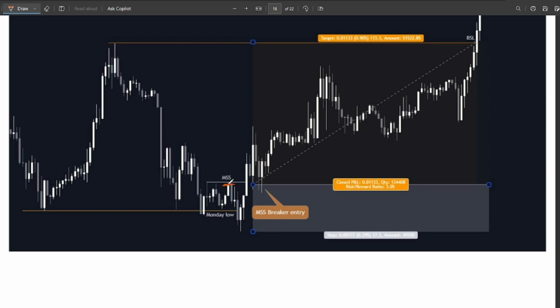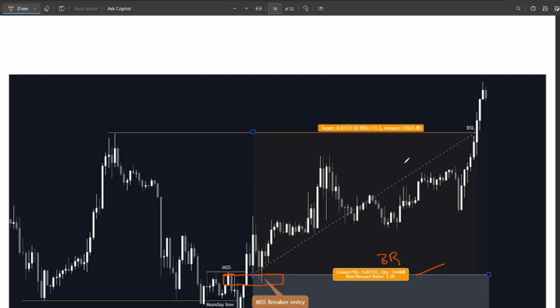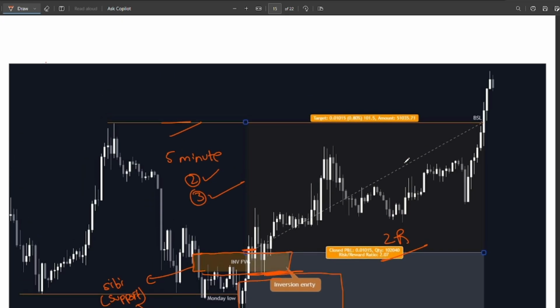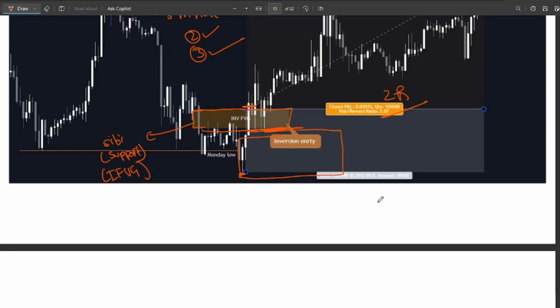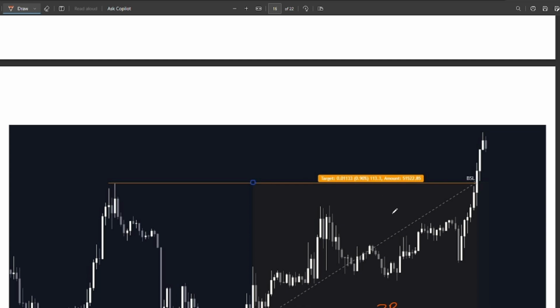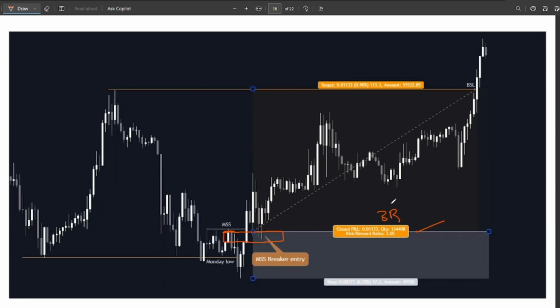You can see this breaker and market structure shift could also be utilized to take a trade, and you would have netted a greater R, a 3-hour trade. And in the inverse fair value gap example, how much did you net? 2 hours. So sometimes there are better execution techniques than inverse fair value gaps, and they are much simpler. People just like to complicate things. Trading is really simple, and the simpler you keep it, the greater your results.